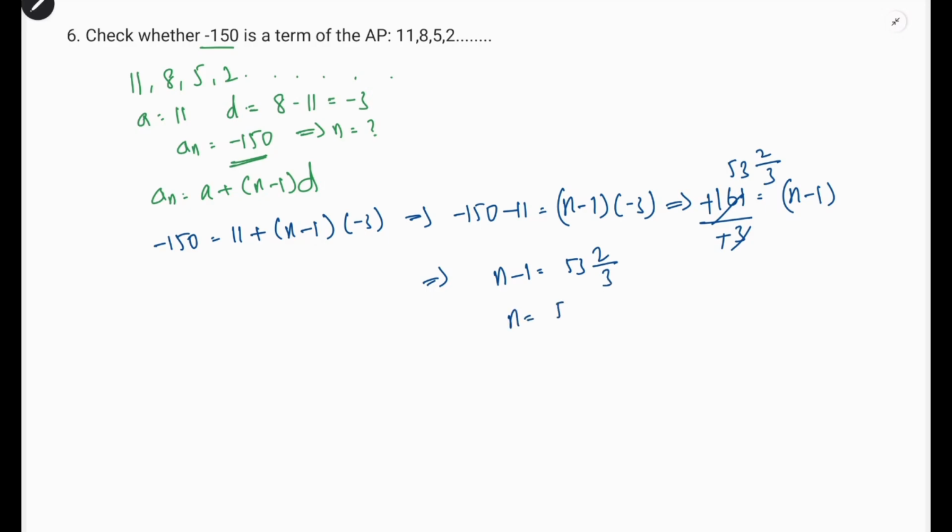So n is equal to 53, 2 by 3 plus 1. It is 54, 2 by 3. Here n is not a natural number, n is a fraction. So minus 150 is not a term of this AP.